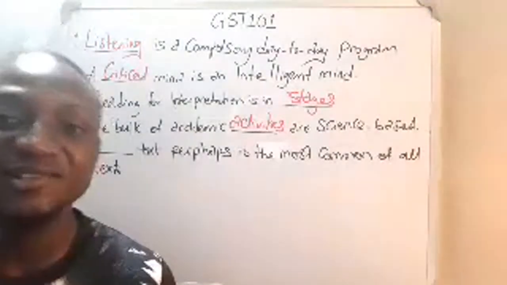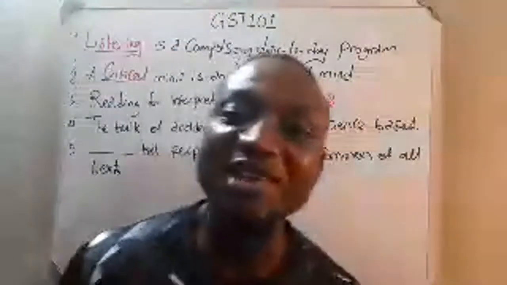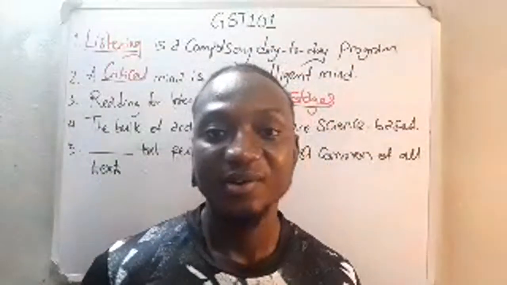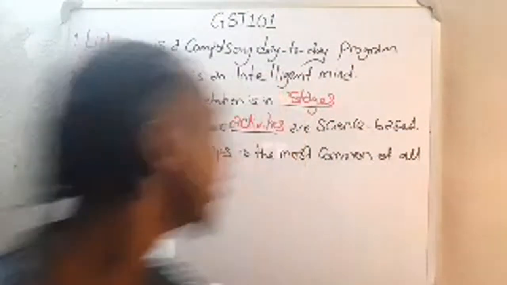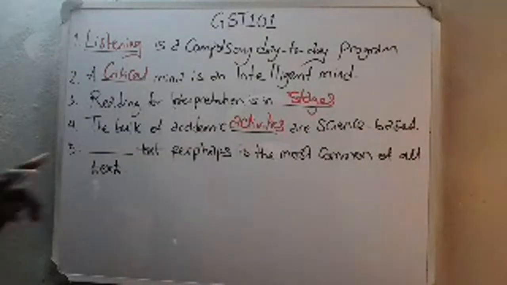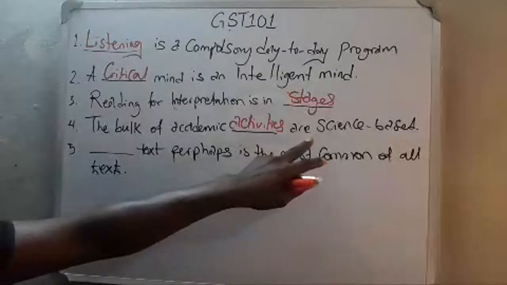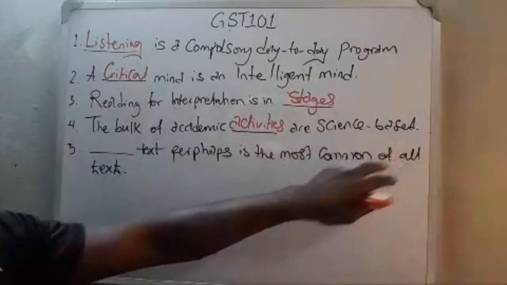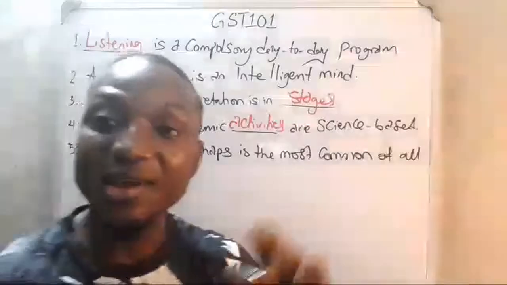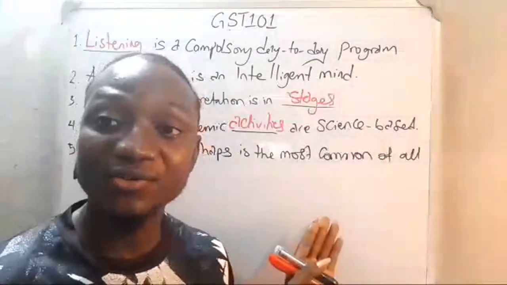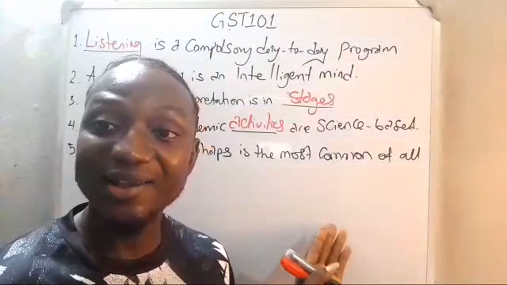Please, let's be fair. Somebody said I should read the question with the activity. The bulk of academic activities are science-based. Okay, my handwriting is not clear enough. Is my handwriting not clear enough?